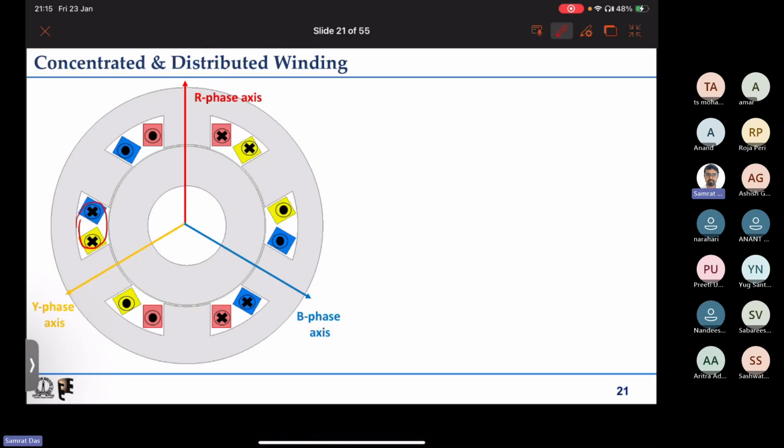Say I place my two coils here in diametrically opposite slots. So I fill the entire slot with R phase coils, and I put a dot here, and I put a cross here, right?